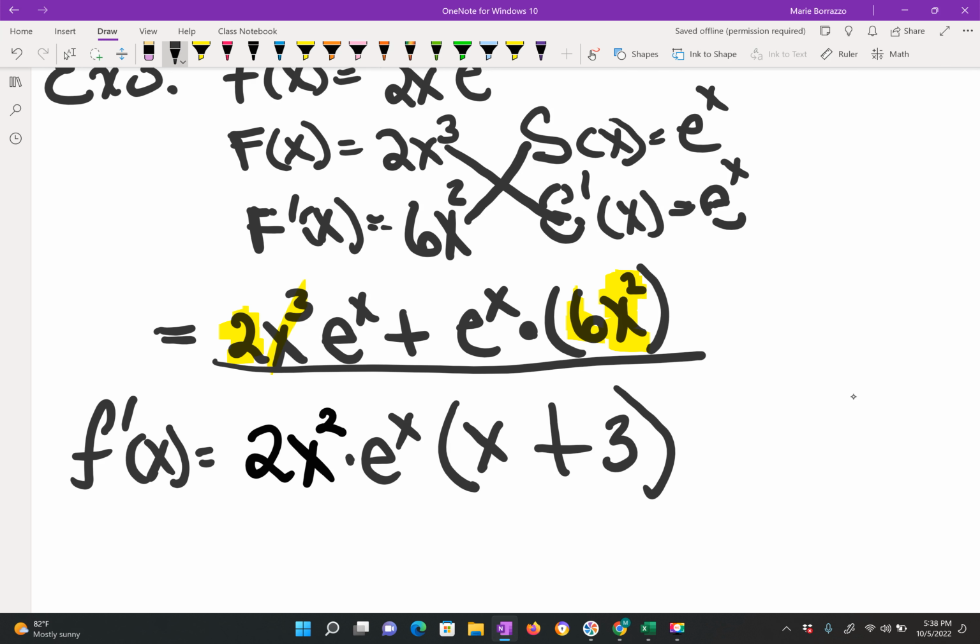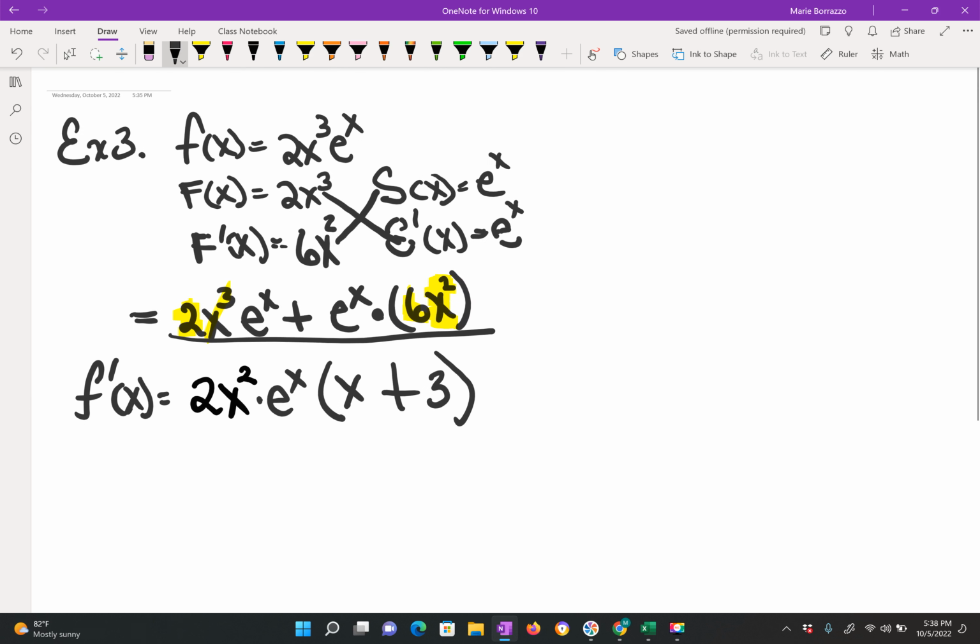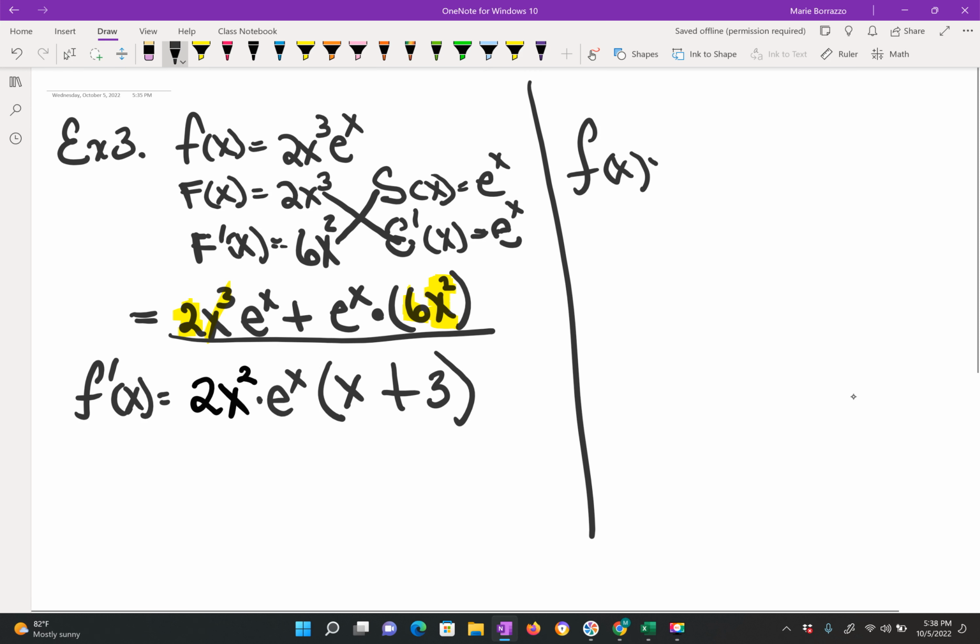If you want, let's try a second one of these and let's see if it sticks. So I'm going to give you f of x is equal to 5x to the 8th e to the x. I would use the 4-term method.